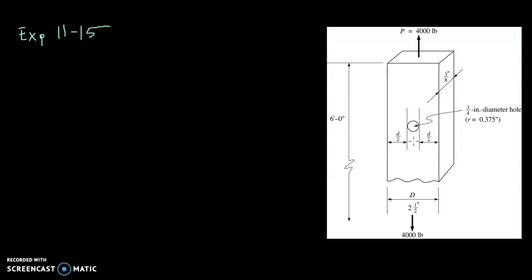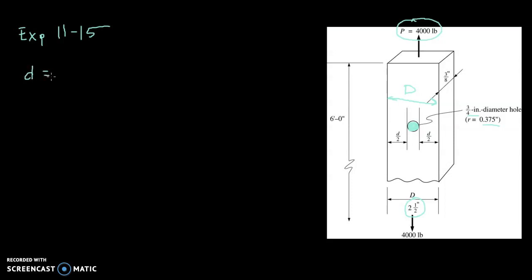So here we have a rectangular structural member that has a tensile load of 4,000 pounds being applied to it, but we have now drilled a hole into it that has a 3/4 inch diameter, which means we have a 3/8 of an inch radius. The original width of this, the big D, was 2.5 inches, but we're going to subtract from that 2 times the radius, or 3/4, to get our net width.